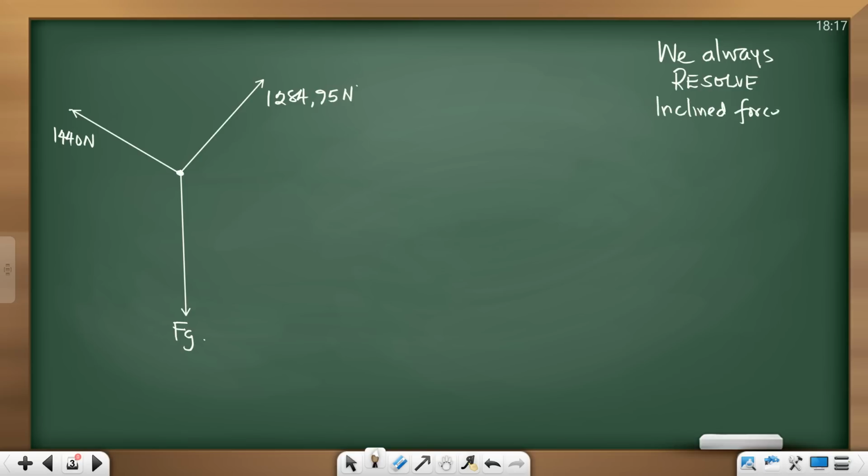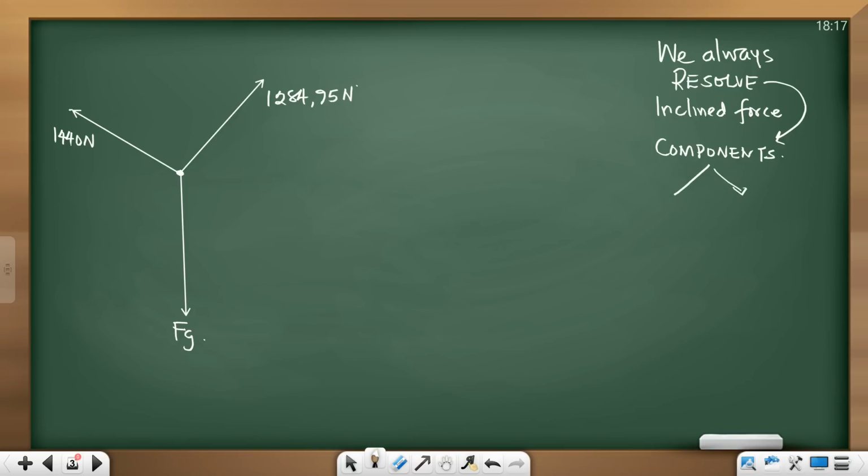When we say resolve, it means we change it into components. Is it inclined? Yes. Inclined means it's at an angle. We change it into components.